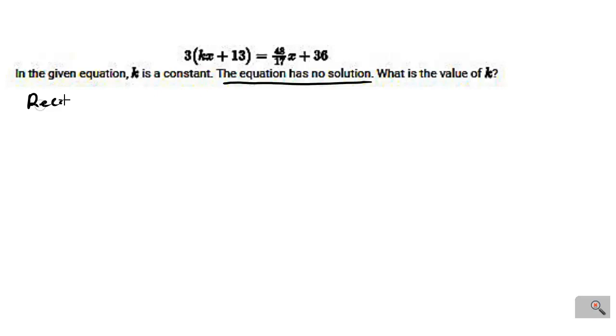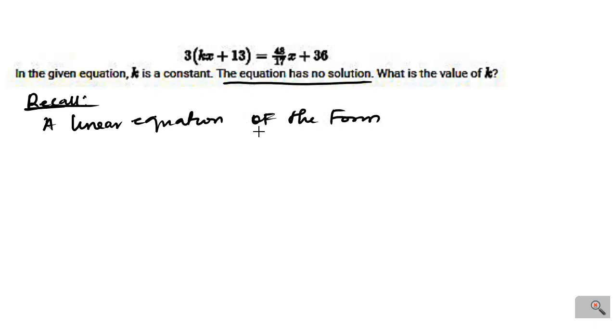So recall that a linear equation of the form ax plus b is equal to cx plus d, where a, b, c and d are constants, would have no solution if and only if the coefficient of x on each side of the equation are equal.